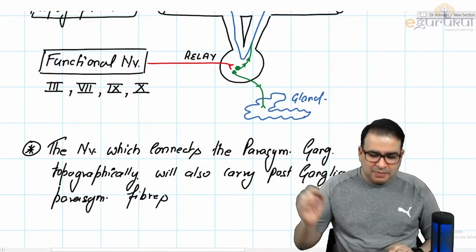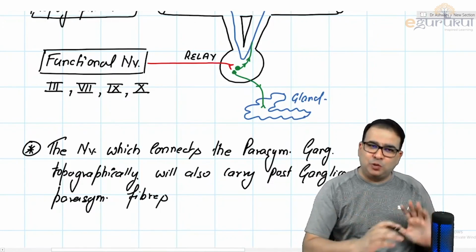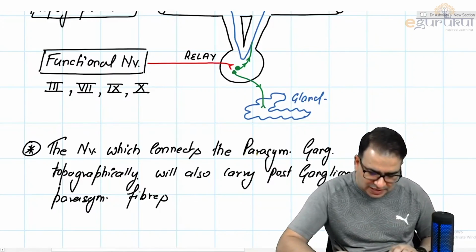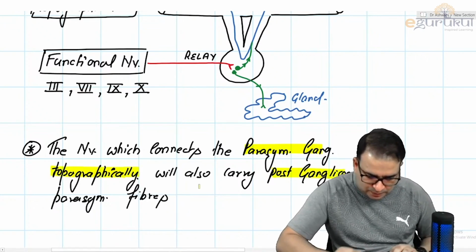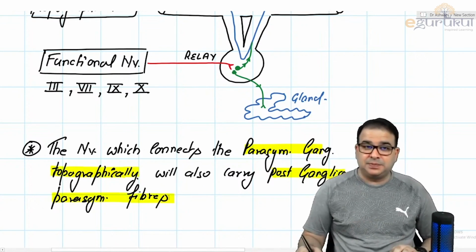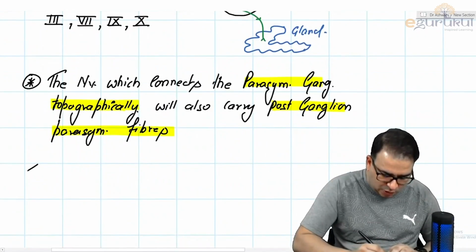That's what you can see in the diagram. They're also carrying these fibers. Post ganglionic parasympathetic fibers are carried by the topographic nerve. So the nerve which connects the parasympathetic ganglion topographically, that is also carrying the post ganglionic parasympathetic fibers. One point.